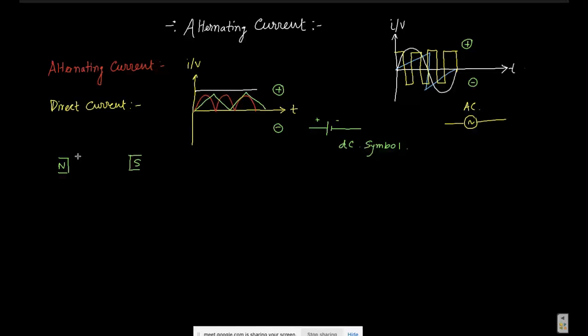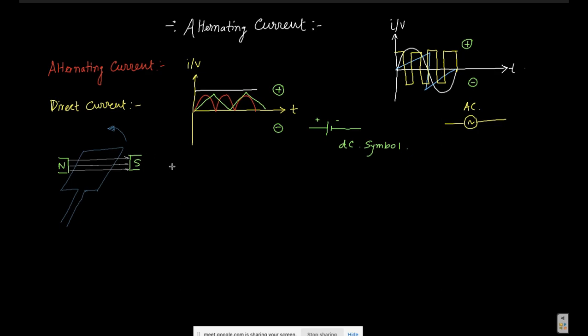No, sir. So the magnetic lines of force come out from the north and go to the south. You all know this. So if you place one conductor like this, then it starts to rotate anti-clockwise.